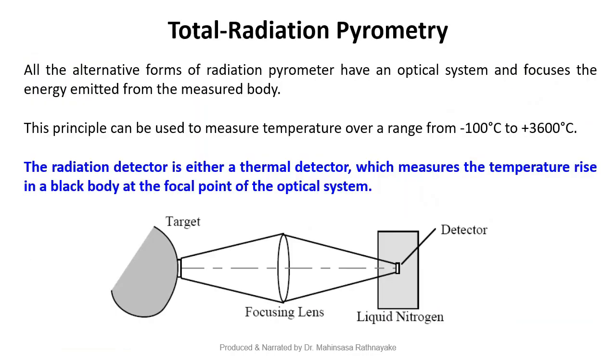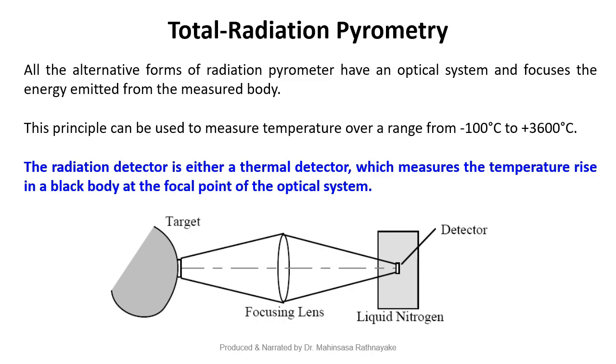The total radiation pyrometry principle is that the radiation detector is a thermal detector which measures the temperature rise in a black body at the focal point of the optical system. So in total radiation pyrometry, there is a focusing lens and a detector is used.